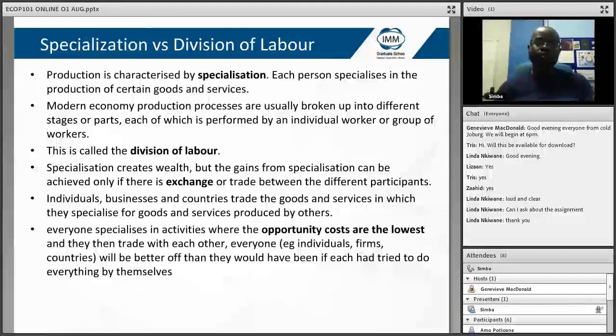So when you divide the labor there, that can eventually lead to specialization, whereby each country or each firm specializes in activities where they have the lowest opportunity cost, where they sacrifice the least. That is what they're going to be able to produce. And after that, if it is at country level, then trade can actually happen. We'll look at it maybe later on when we look at the foreign sector.